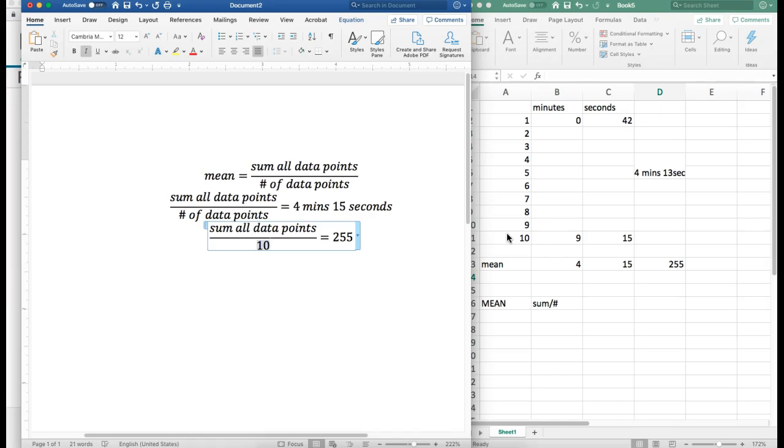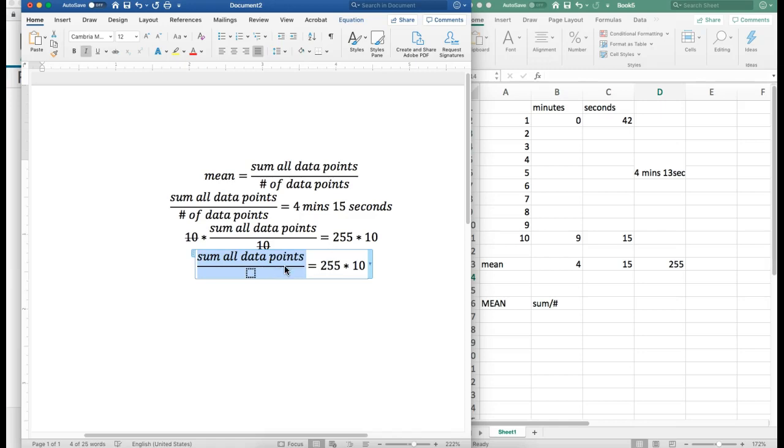Now to find the sum of all the data points, I just need to solve by multiplying both sides by 10. So 10 times this side, and this side also multiplied by 10. On the left-hand side, the 10s will cancel out, and I'm simply left with the sum of all data points here. Then we're going to get rid of the fraction on the bottom.